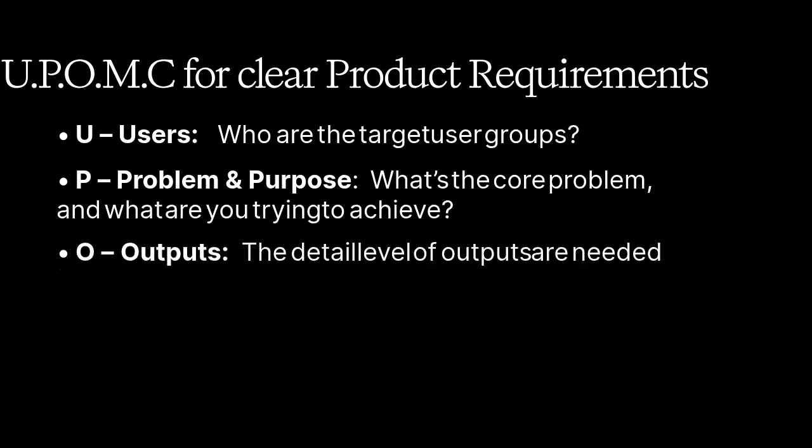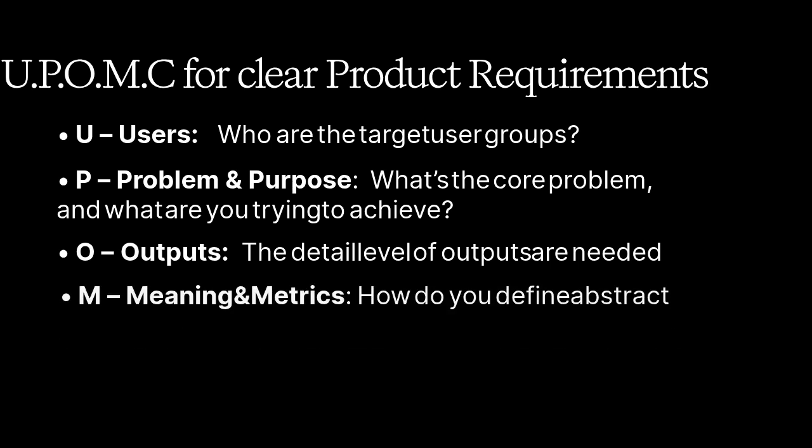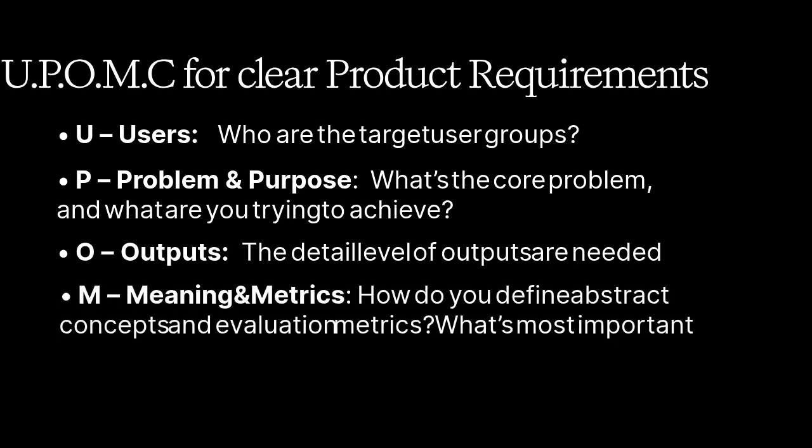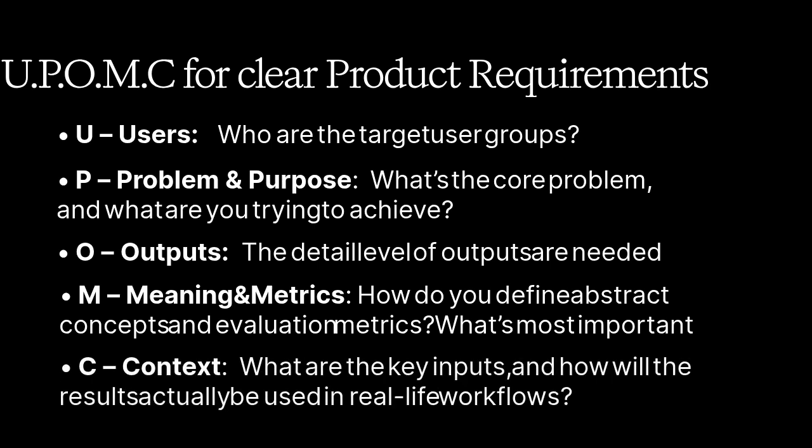O, outputs: what level of detail of output is needed, how often, and at what granularity. M for meaning and metrics: how do you define abstract concepts or evaluation metrics? What's the most important one? The only one. Last, C represents context.